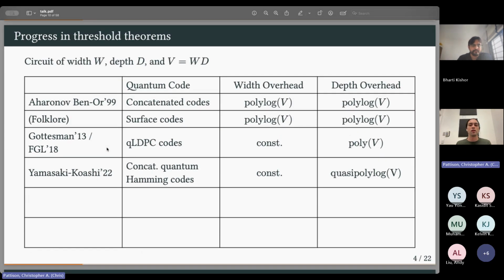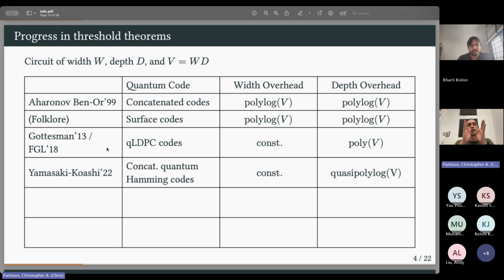Since then, we now know you can get all the way down to quasi-polynomial. So there's a question of what's the best we can do with purely constant width overhead. Very recently, we had this result of Yamasaki and Koashi with these concatenated quantum Hamming codes.